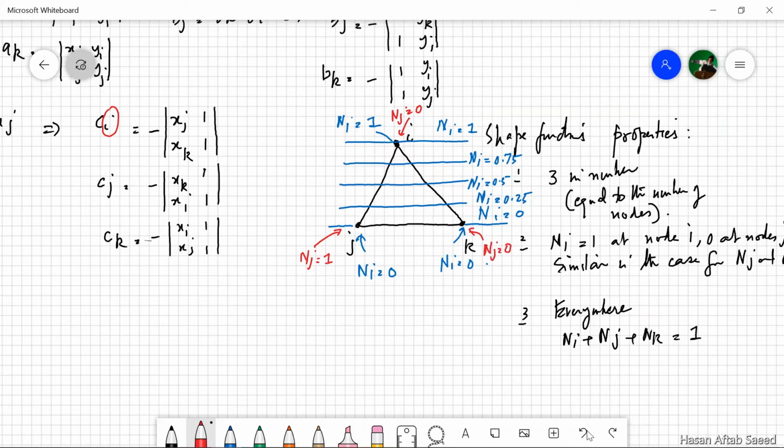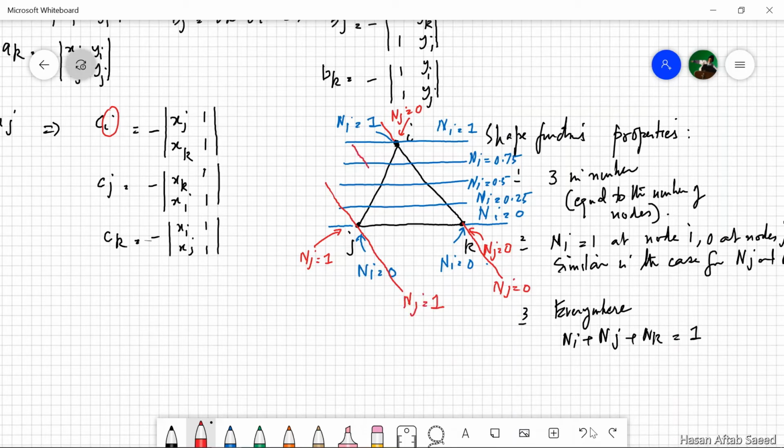So what we can do is draw a line through node I and node k, and say that on this line nj is equal to 0. And then we can pass a line parallel to this line, but this time passing through the j node, and say that nj is equal to 1 here.